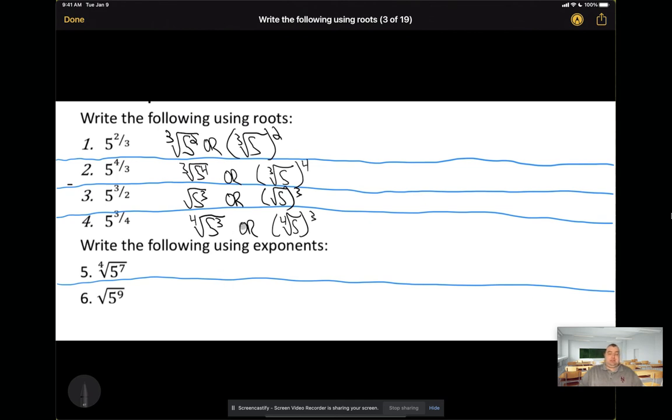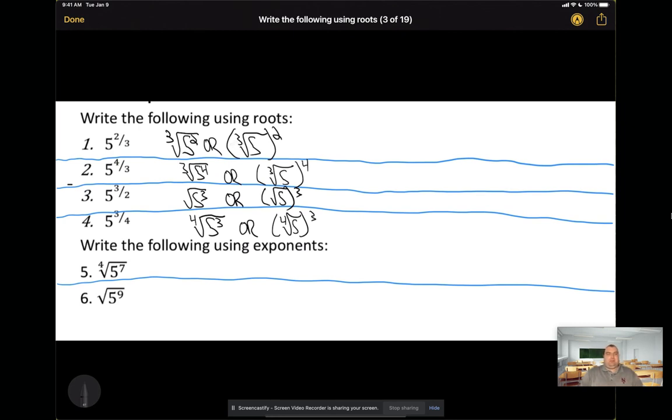Just to recap, the denominator of the fractional exponent tells me the type of root. So 2 means square root, 3 means cube root, 4 means fourth root, so on and so forth. The numerator of the fractional exponent tells me the exponent, and that exponent could go inside, as I did over here, or outside the root, as it did over here. So that's 1 through 4.